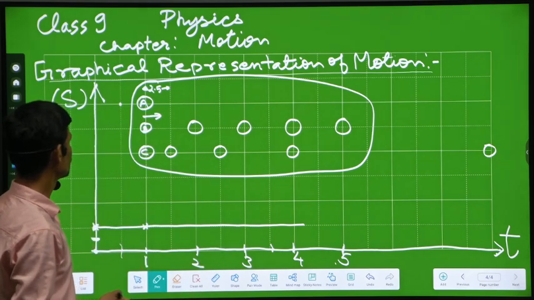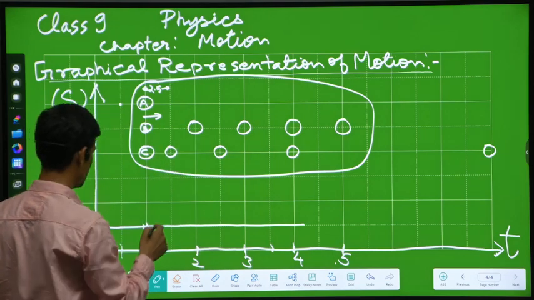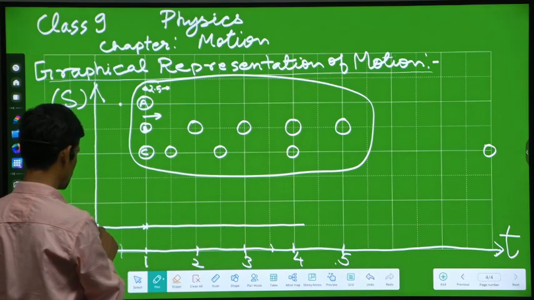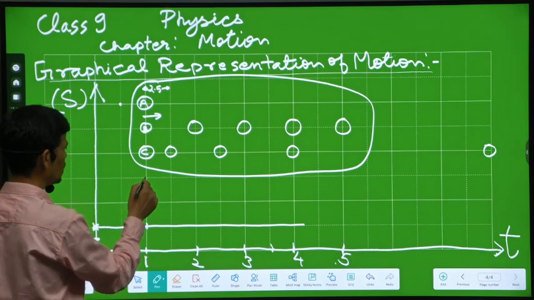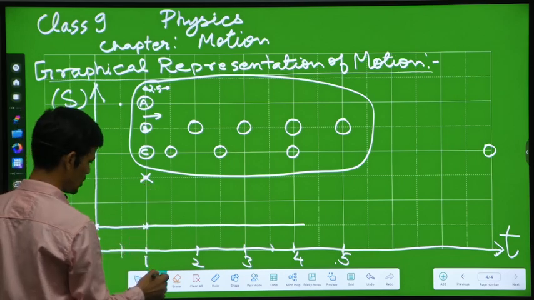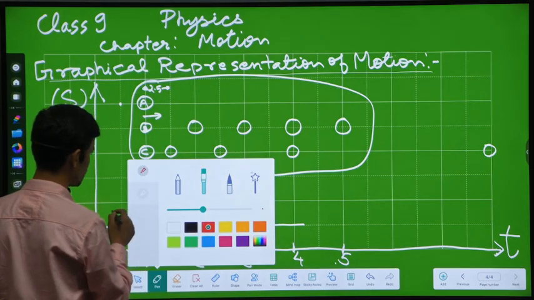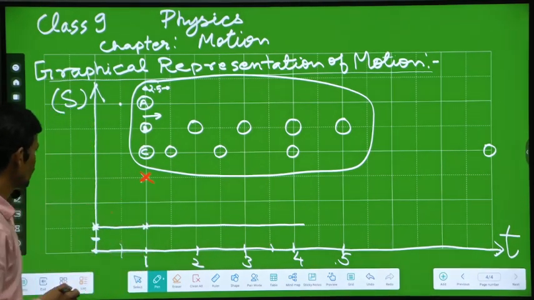Case 2. After each click, it is traveling this distance. So earlier it was here, then after 1 second it is here, after 1 second I have to change the ink, change the color, yeah, now it is good.